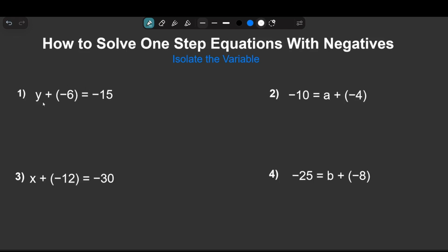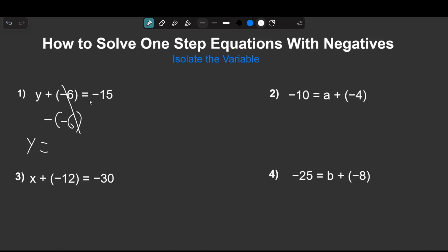We are going to go minus 6 on both sides. But as you can see, the minus 6 is in parentheses, so we get minus 6 like this. This basically cancels out, so we are left with a y. Now we have isolated our variable.